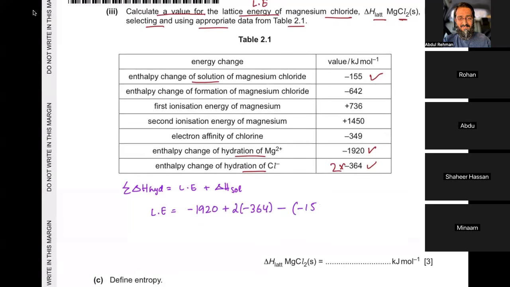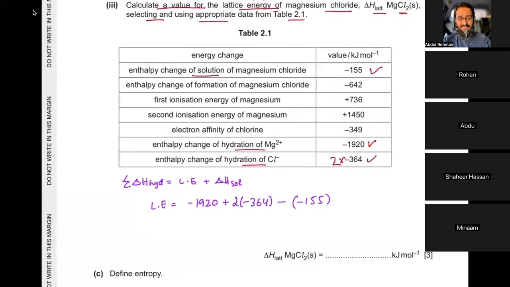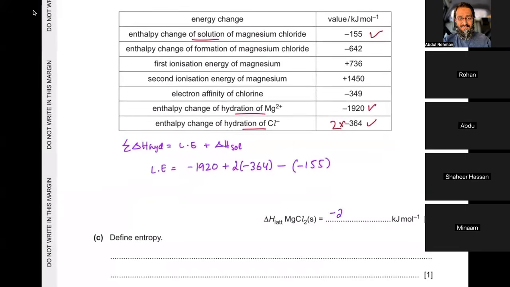So minus 155. Can anyone solve it and tell me the answer? Thank you, Shahid. So it's minus 2493 kilojoules per mole. Is this clear?